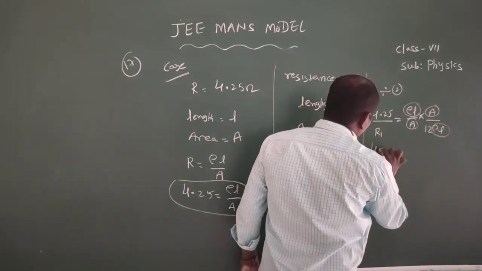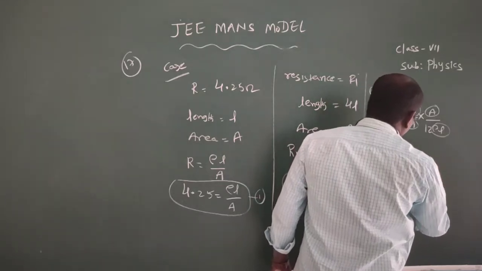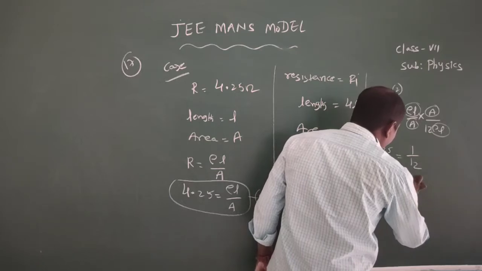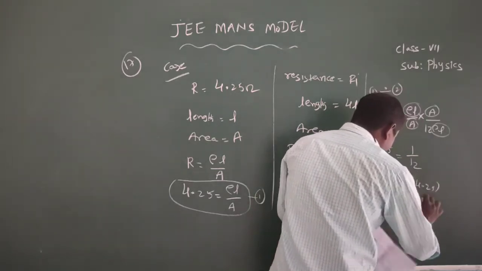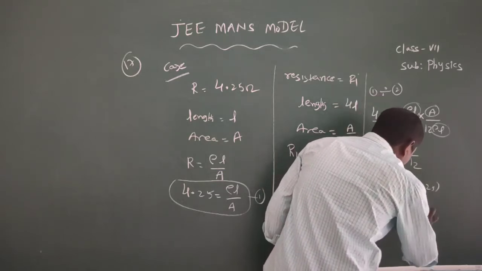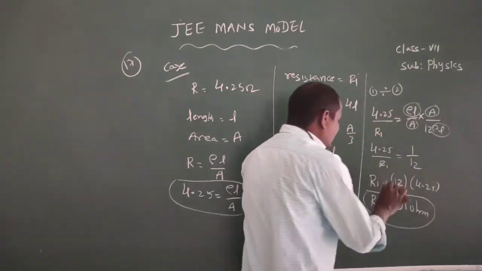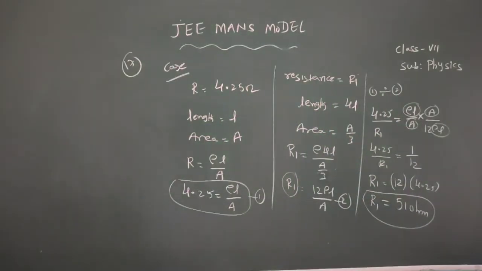Remaining value 4.25 by R1 equal to 1 by 12, and doing cross product here, R1 equal to 12 into 4.25, that equals how much now? 51 ohms. So R1 equal to 51 ohms.